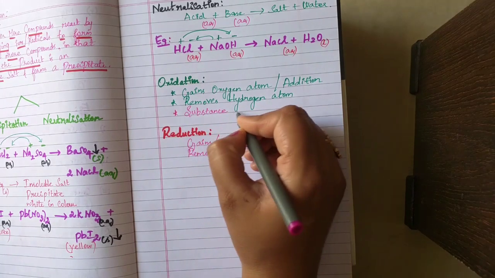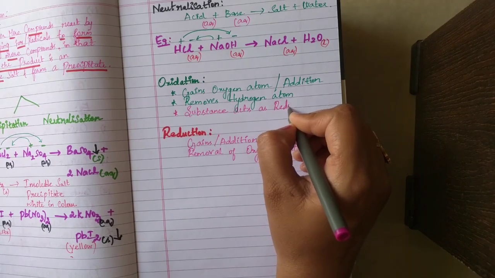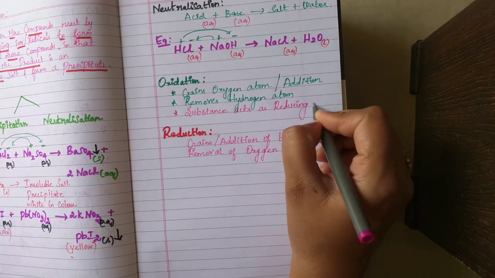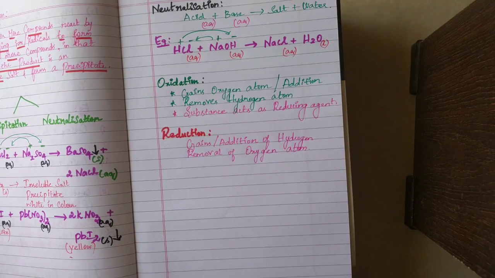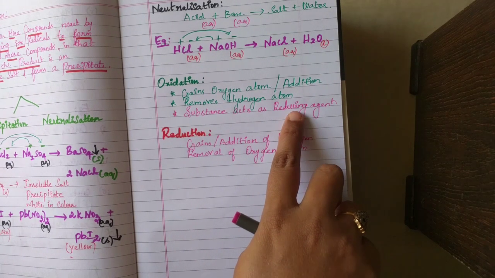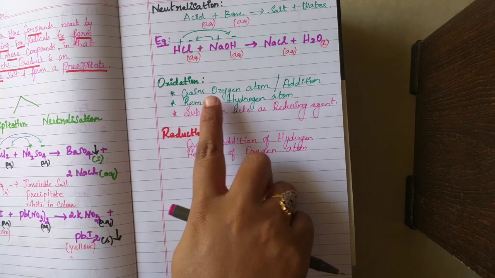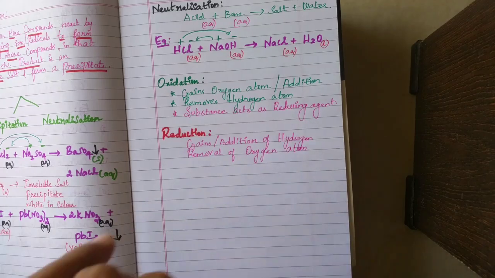It is very important, students. Agent means something in between, right, which provides something to someone. So here the agent is a substance. Why is it a reducing agent? Because it is giving oxygen to another atom. Clear students? So that is a reducing agent.